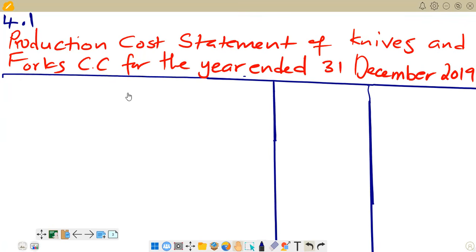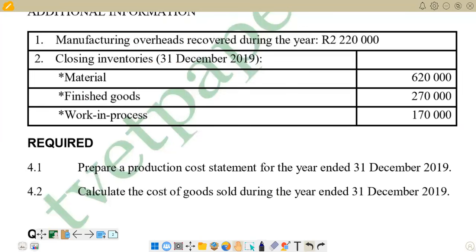Remember, in this production cost statement, we start by calculating the prime cost figure. And the prime cost formula, remember, is equal to direct materials plus direct labor. So we are going to start with the section of direct materials.